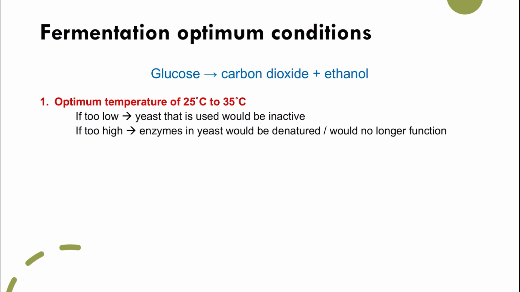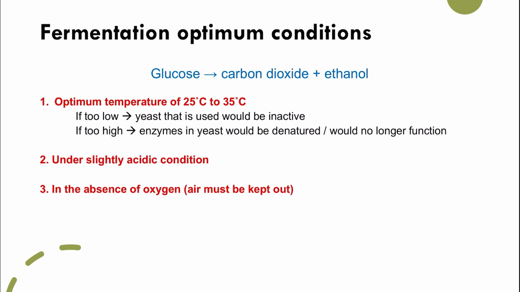If the temperature is too high, we remember that enzymes are proteins, and at high temperatures proteins will be denatured, so they will be completely inactive or destroyed. They usually need to be done under slightly acidic conditions, and in the absence of oxygen, so air must be kept out. The main reason is that ethanol in the presence of oxygen will be oxidized to give you ethanoic acid. So you will not end up with ethanol, but rather with the acid.